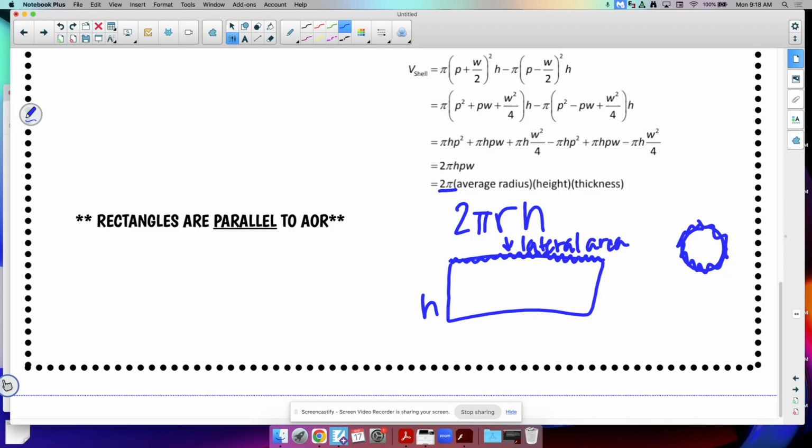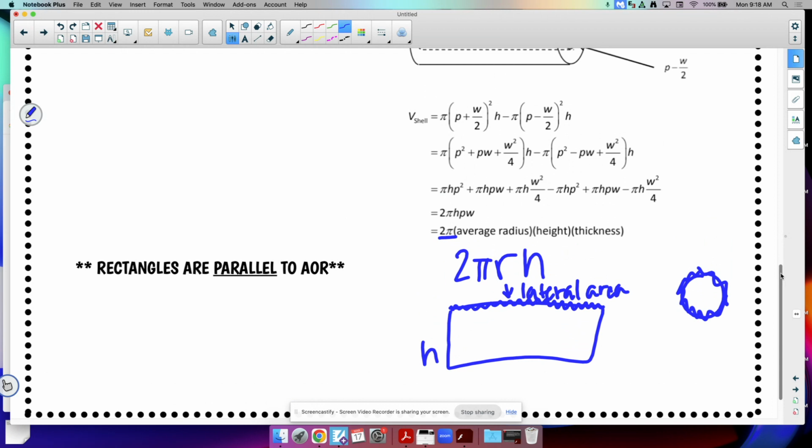So, in terms of shells, the reason we are going through shells is that they get to be parallel to your axis of rotation. The formula for a shell, 2 pi, because again, it's coming from a cylinder. We're wrapping around a whole bunch of outer parts of a cylinder. And then here's where it's going to look a little bit different.